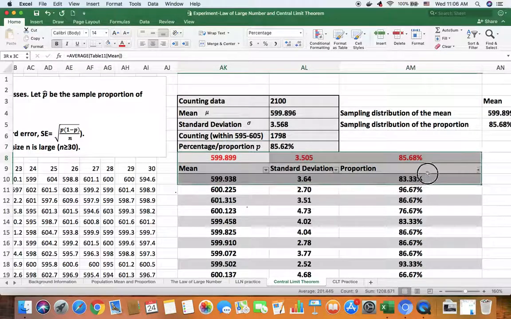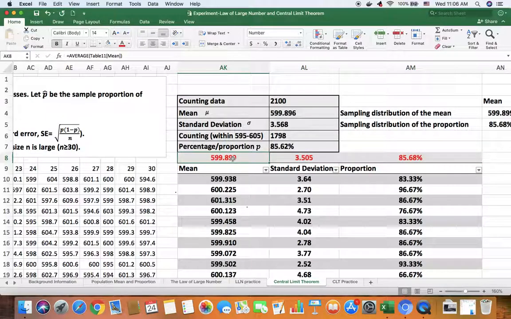Let's compare these values to the population parameters respectively. Oh, this value is very close to the population mean. And this value is very close to the population standard deviation.